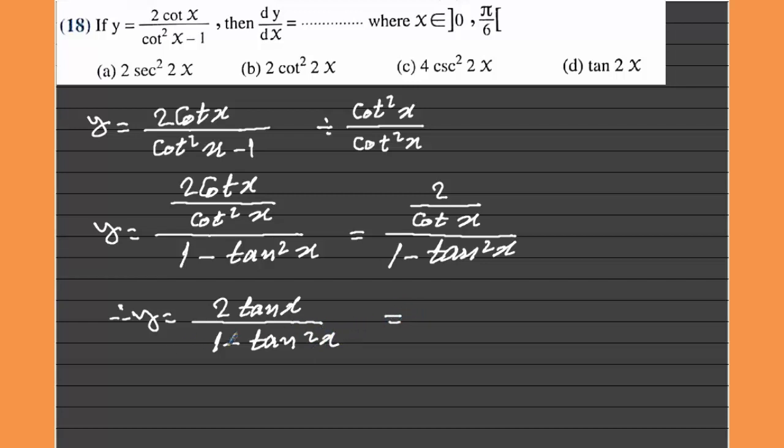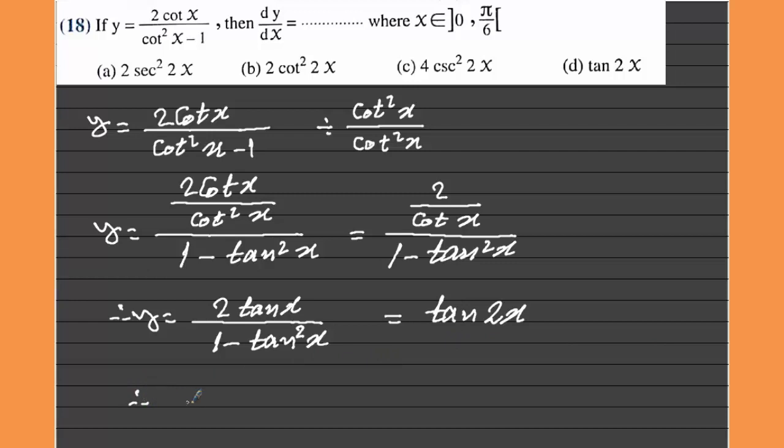And here we have 2 tan x over 1 minus tan square x equals tan 2x, the double of the angle. So y equals tan 2x.